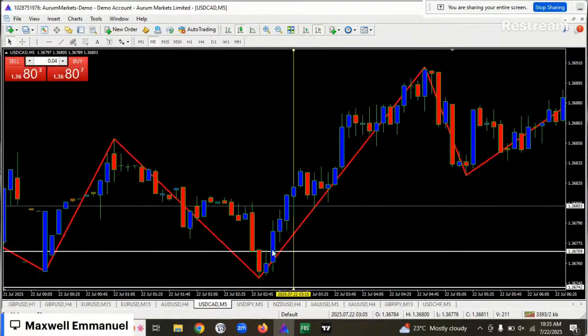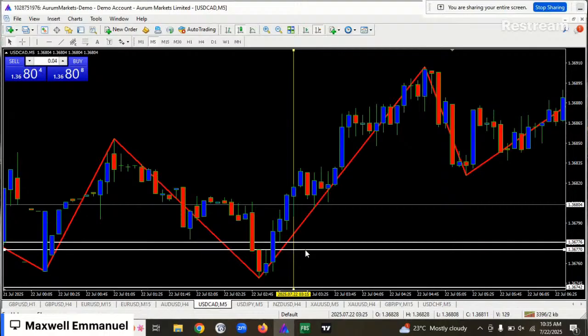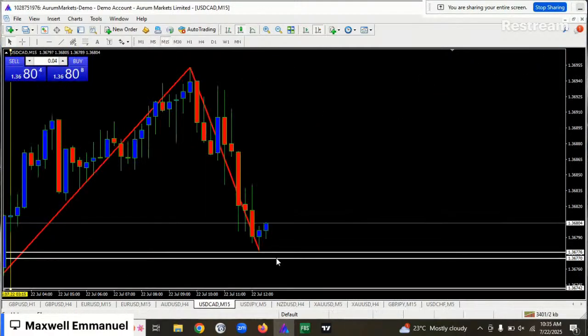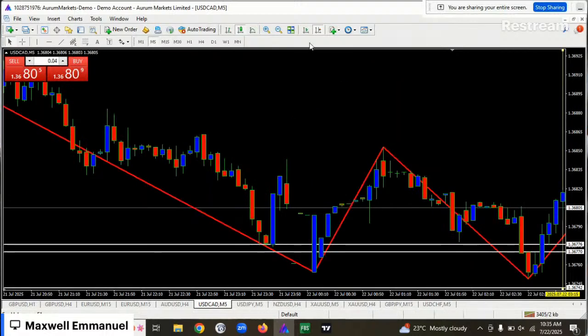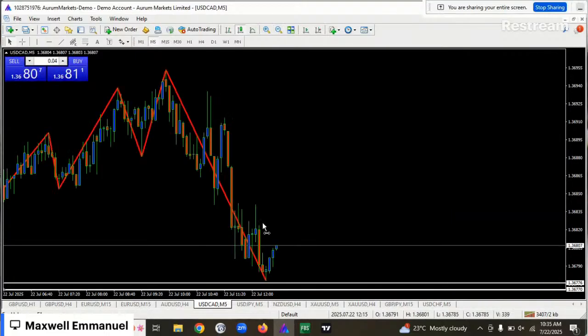Can you see the fair value gap? I think price has just filled that gap. Okay, it approached it, but it didn't fill it. So this is what we have here. That's a buy setup, waiting for 1 hour to close.